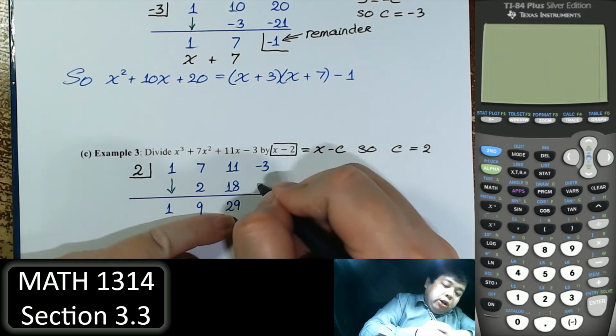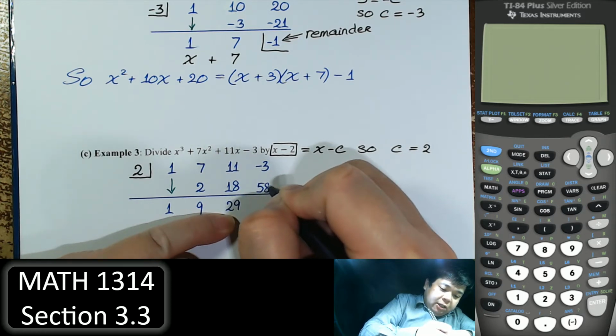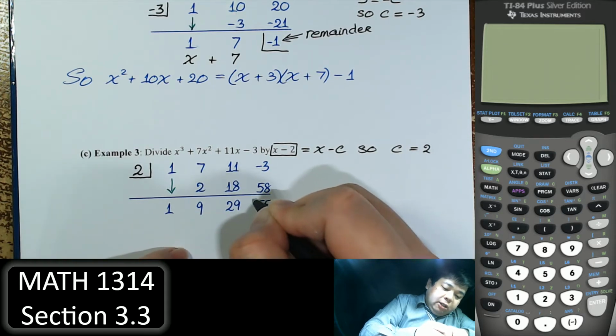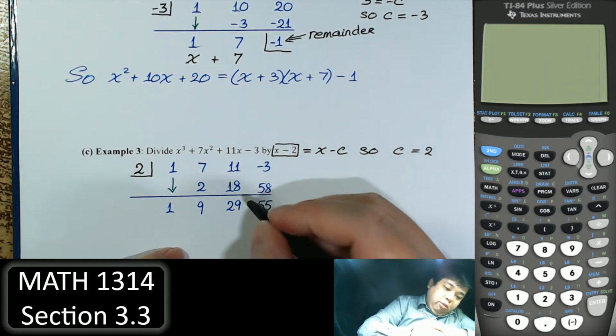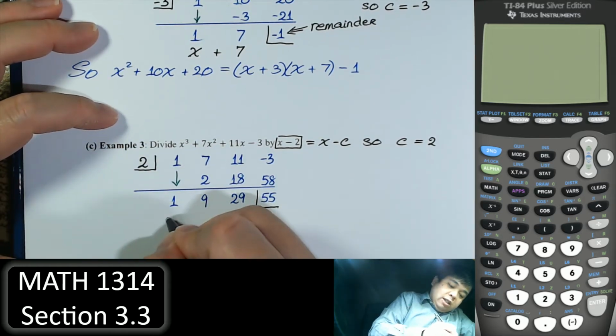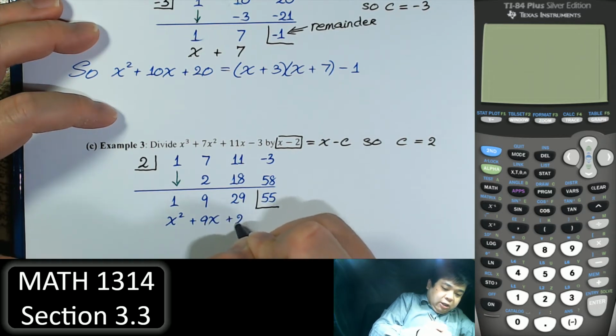Multiply, put in the next column, and then add. The last number is the remainder. So the quotient in this case is x squared plus 9x plus 29.